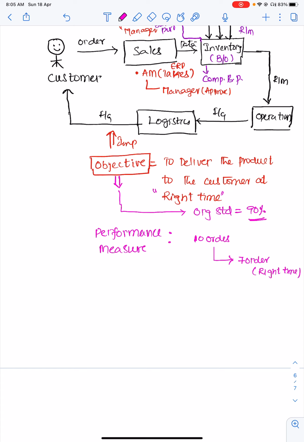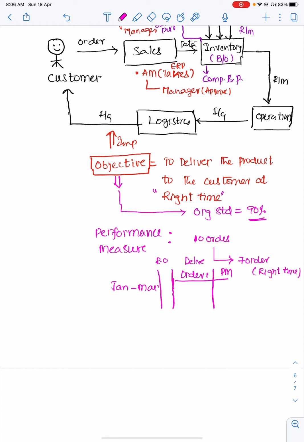If I want to take the performance measure, let us assume in the first 3 months, like January to March, how many orders I received? I'll take this as a performance measure: receipt of order and delivery of order.